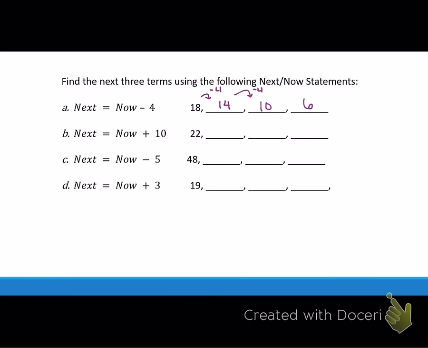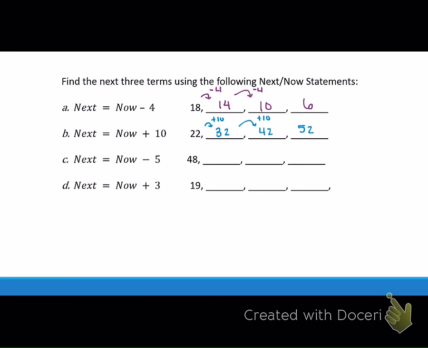Okay, Jacqueline. The next term equals the term you're on, the now term, plus 10. So what are the next 3 then? Good. And so she just added 10 each time. Kelly.